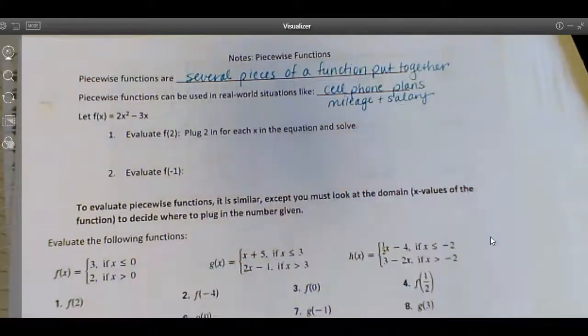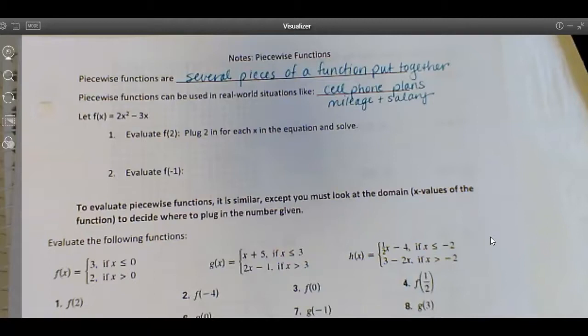Mileage and salary, like for example, if you work at a job where you get a certain amount of money for the mileage that you drive, plus you get your normal charge per month. So maybe, I don't know, making this up as I go, let's say you get $2,000 a month for whatever job it is.